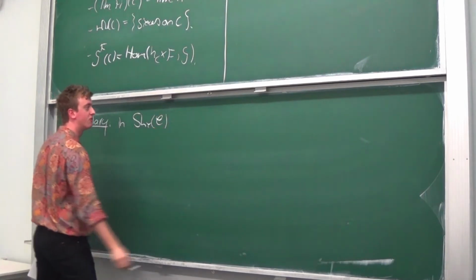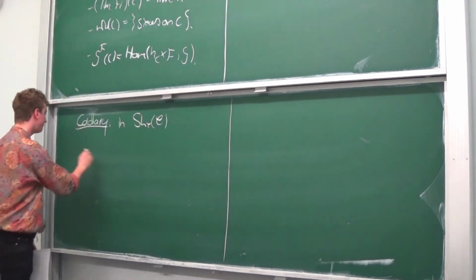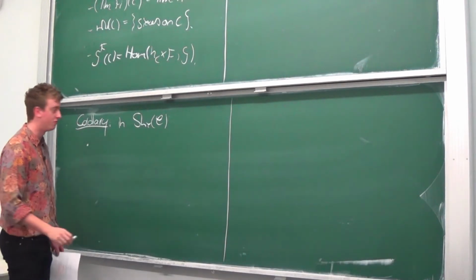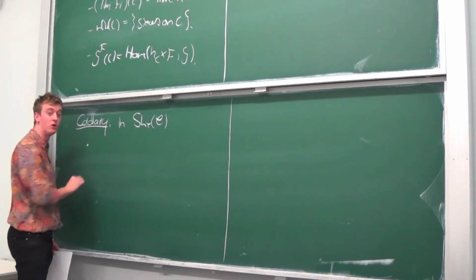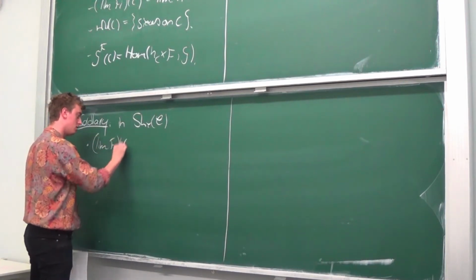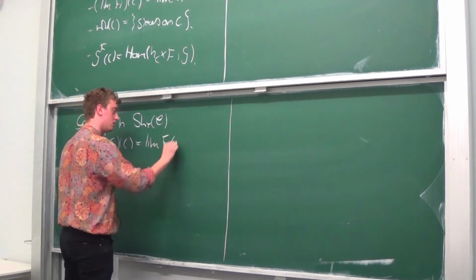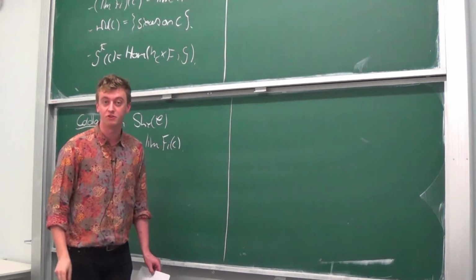In the category of sheaves on C, with a fixed Grothendieck topology, a limit of a diagram of sheaves can just be taken pointwise, just as in the case with presheaves.